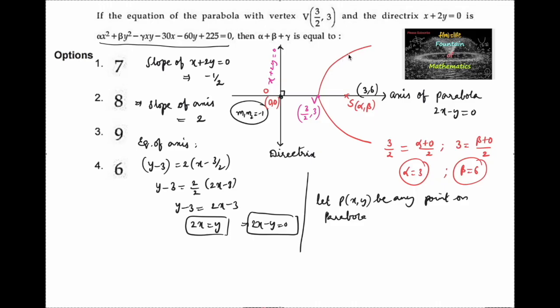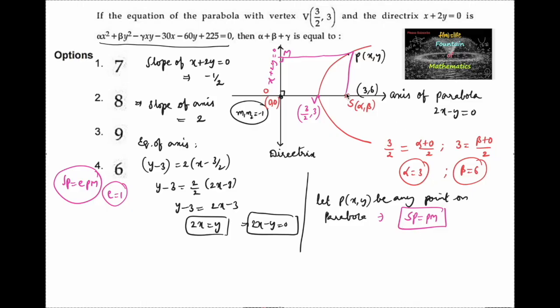Say the point is here, P x comma y, so that according to the concept, SP is equal to PM. Since we know that SP is equal to e times PM, where e is the eccentricity, for a parabola the eccentricity is 1.